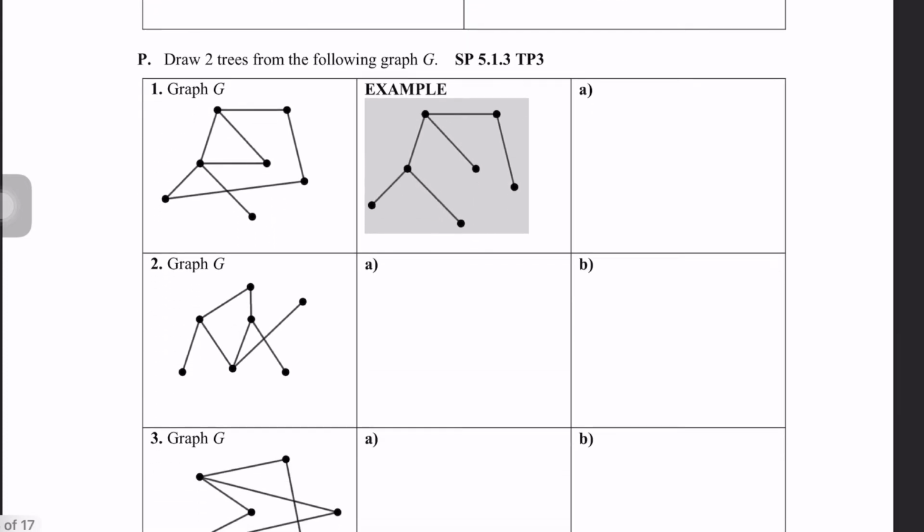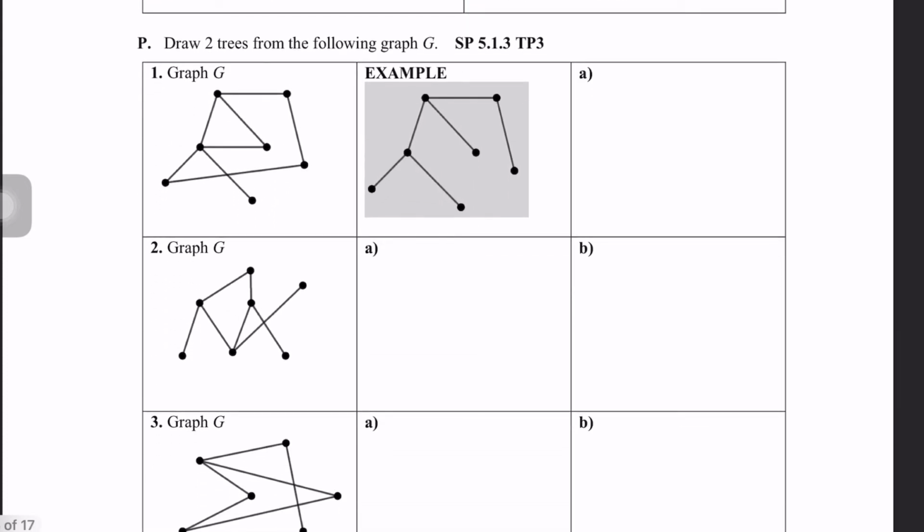Okay, next part, P. Draw 2 trees from the following graph G. Okay, kita ada satu graf besar, so dia nak kita lukis tree. Okay, ingat lukis tree kena ingat syarat dia.